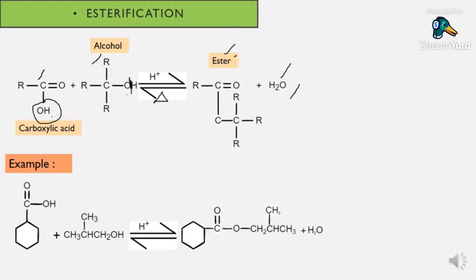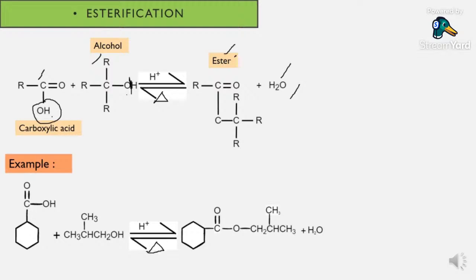So for example, here we have benzoic acid react with methyl propanol. Here the acid catalyst is H plus and the condition must be heated or reflux.